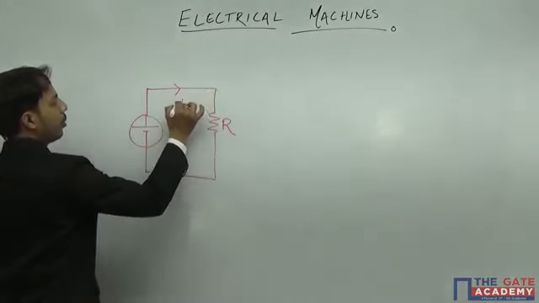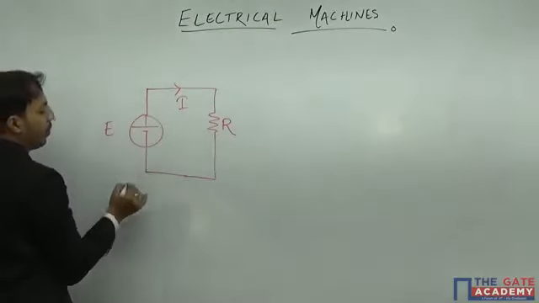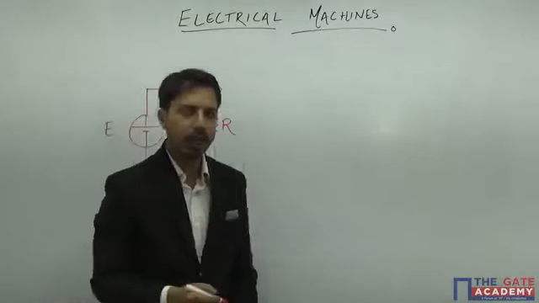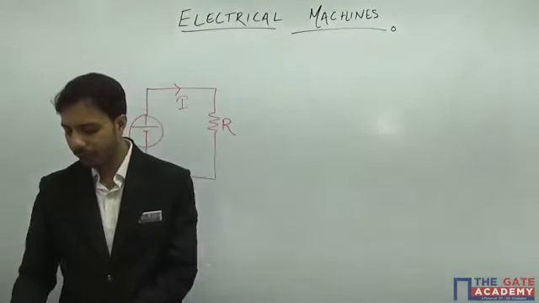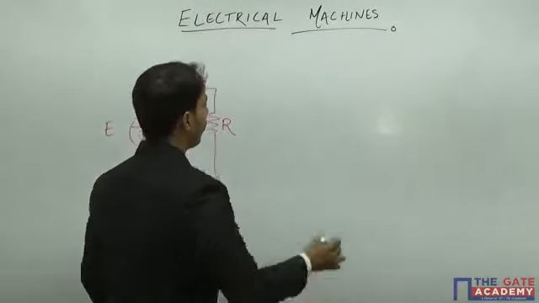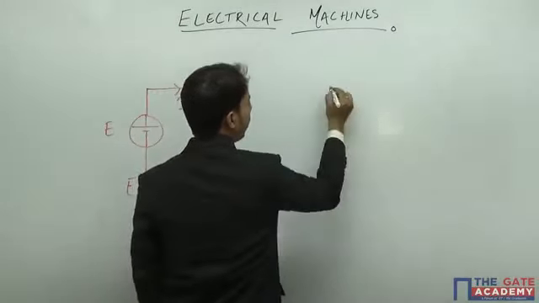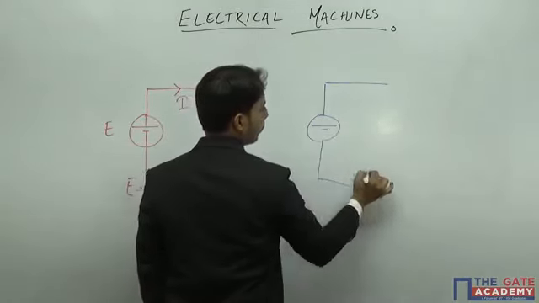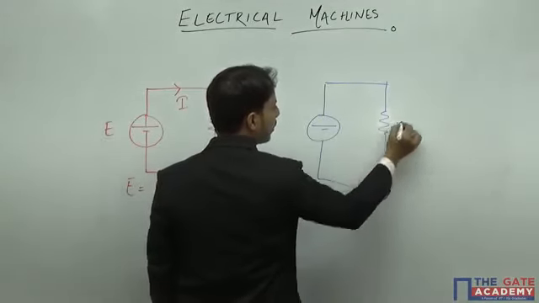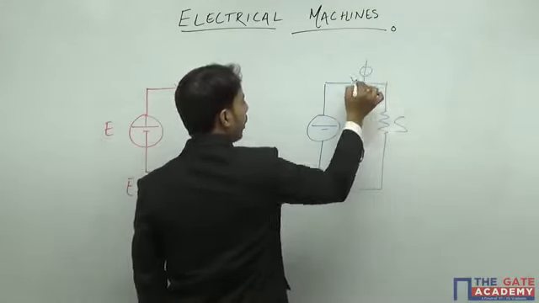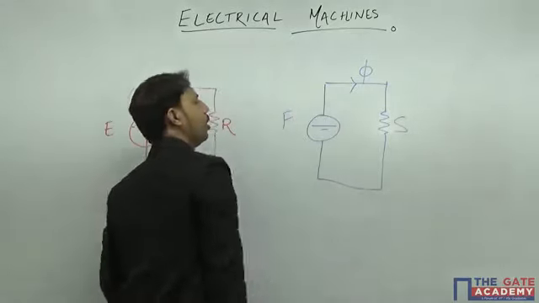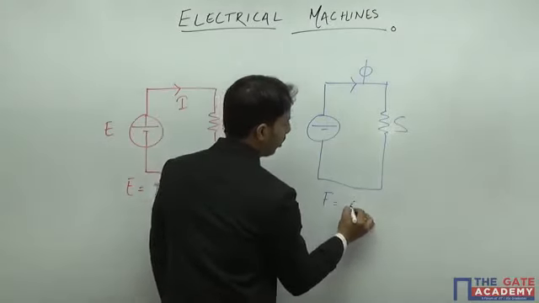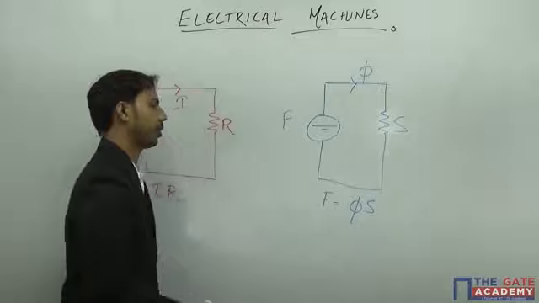So current will be flowing, and EMF I can give by I into R. Similarly, a magnetic circuit can be represented by this reluctance S, and flux will be flowing due to this MMF, which is called F. So F will be flux into reluctance.